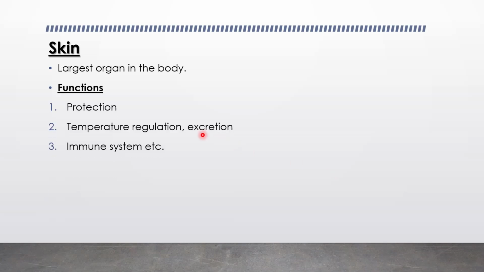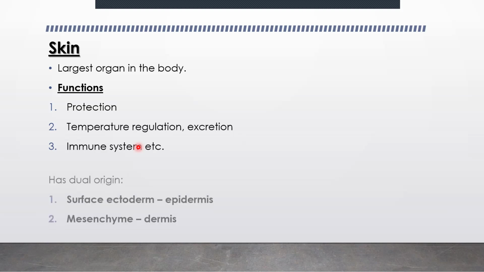The functions are many, but here is a brief overview, starting with protection, temperature regulation, excretion, and of course the immune system, given that it has antigen-presenting cells, some of them being the Langerhans cells that are found in the skin, and other structures.